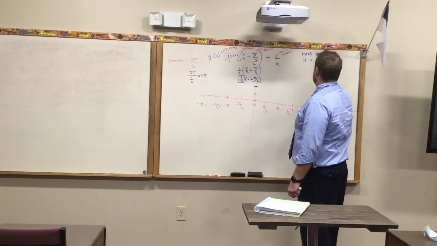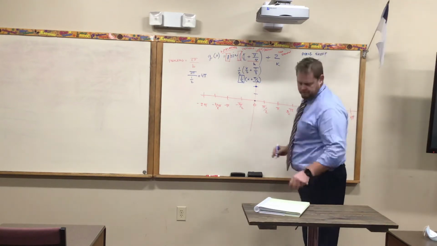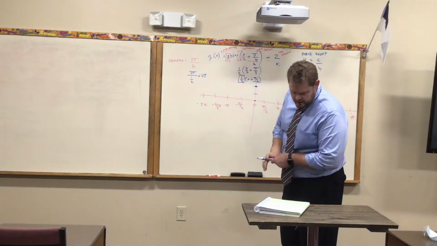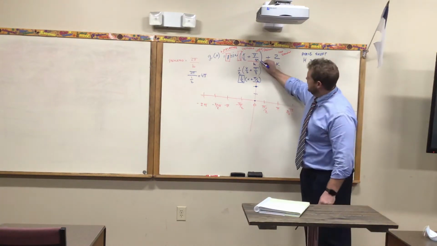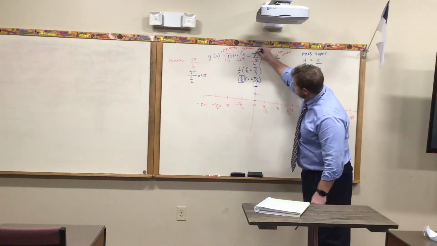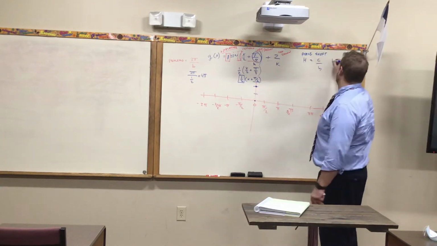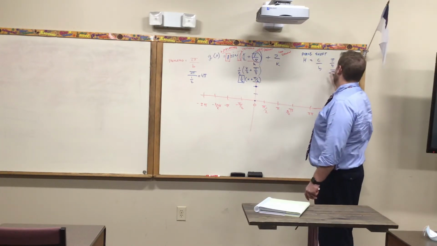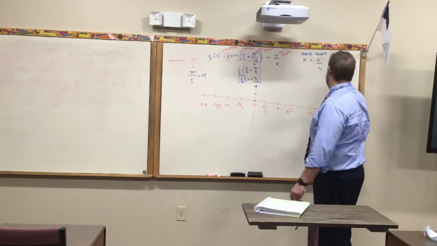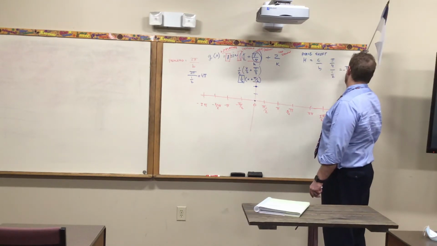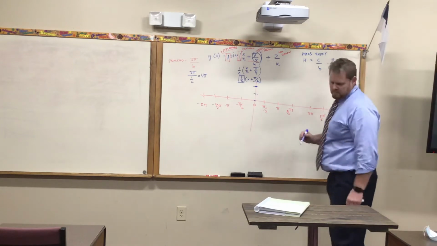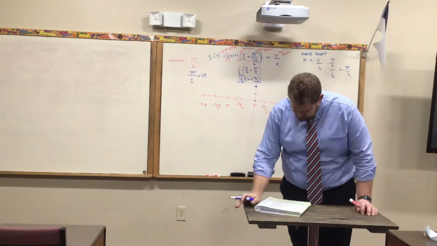H is C over B. Well, what's C? C is this value right here. So pi over 4 over B. What's B? 1/2. Which is equal to, right? So it's a negative pi over 4.